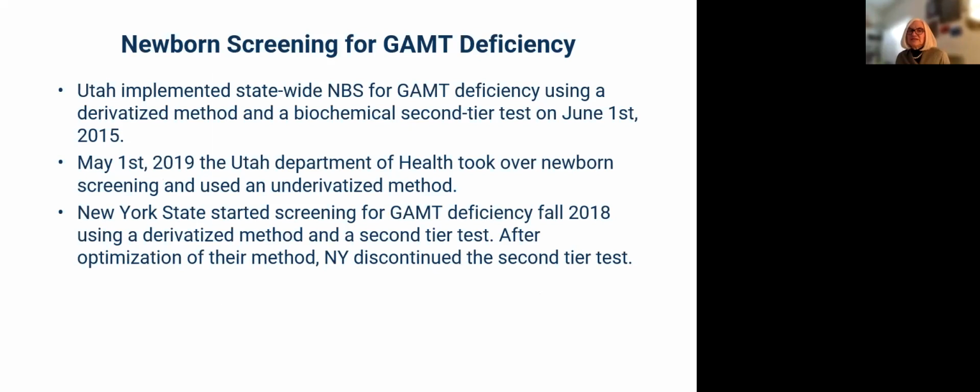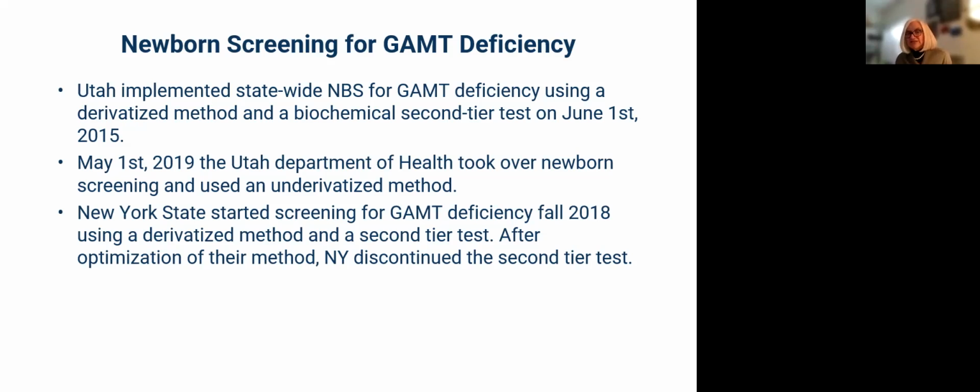So we in Utah implemented the statewide newborn screening for GAMT deficiency on June 1st, 2015. We used the derivatized method, and we also implemented a biochemical second-tier test for all the samples screening positive on the routine screening.